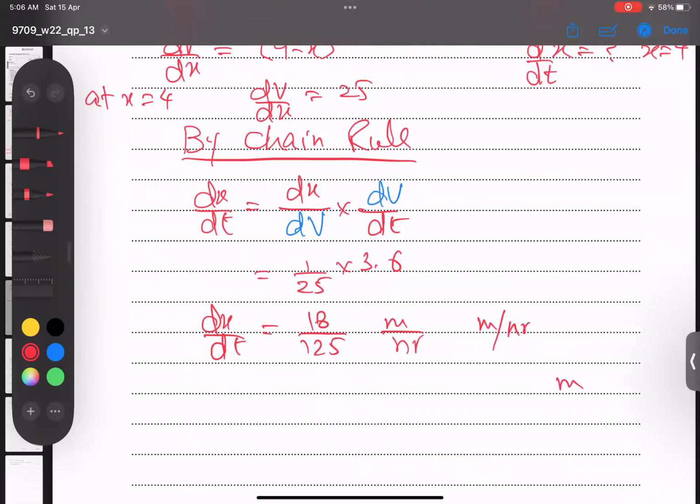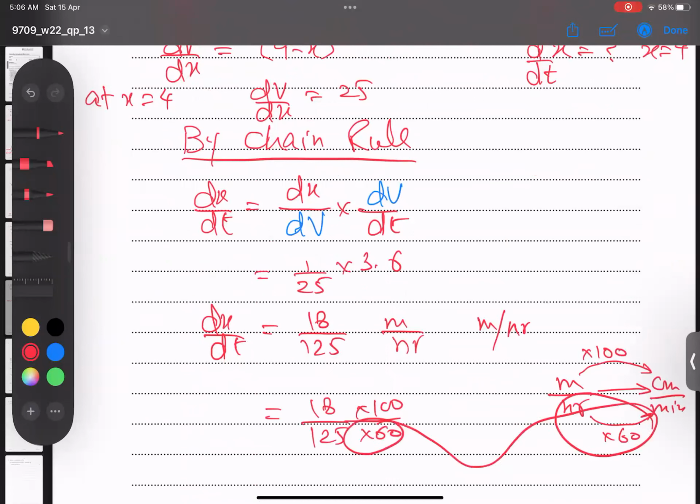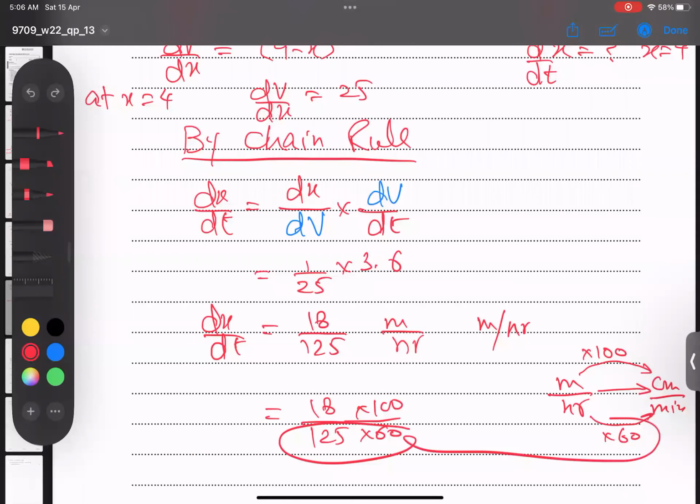So you know it very well. When I want to convert this to centimeter per minute, meter to centimeter I convert by 100, and hour to minute I convert by 60. I believe you got my point. 18 over 125 times 100 divided by 60. Multiplying by 60 on the bottom looks like division, and dividing looks like multiplying.